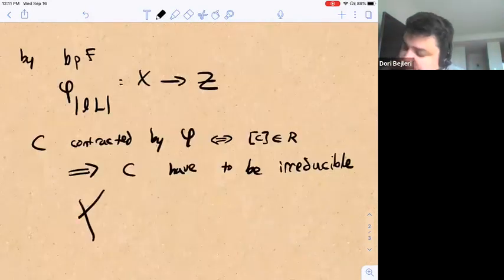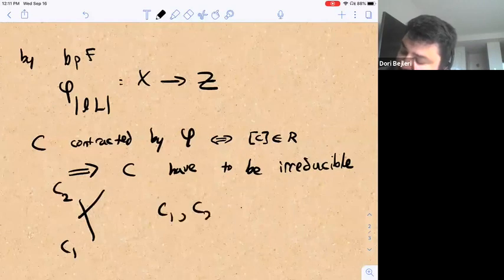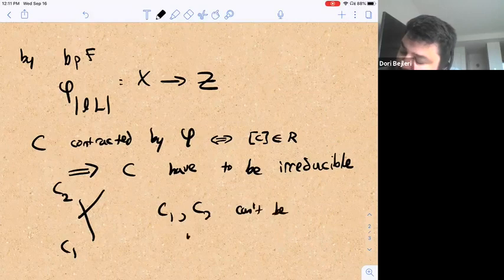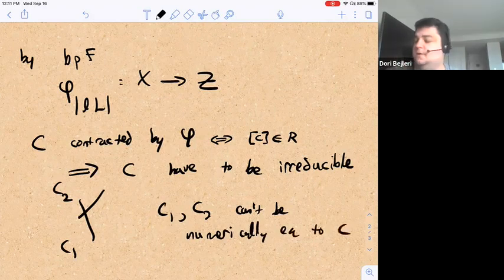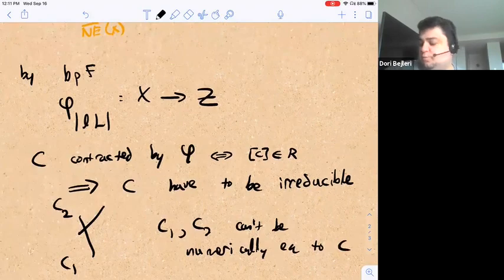So if my fiber looks like this, then you can just check that C1 and C2 can't be numerically equivalent to C, which is what would have to happen if they're in the same ray. So it can't be numerically equivalent to a multiple of C.